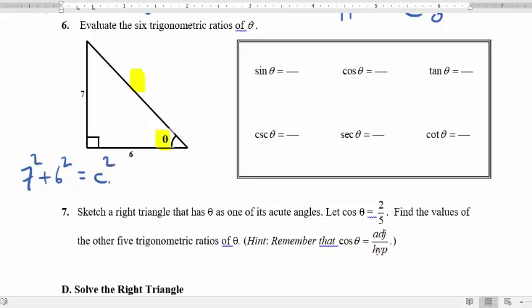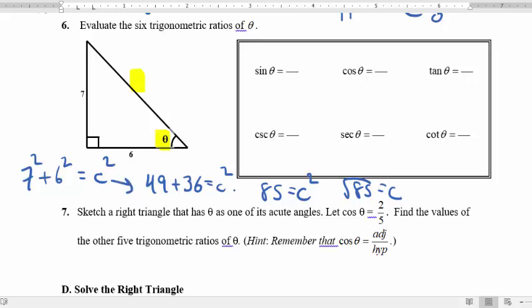That's a squared plus b squared equals c squared. So it's 49 plus 36 equals c squared. So it's going to be 85 equals c squared. And then you take the square root, so we get the square root of 85 equals c, right?